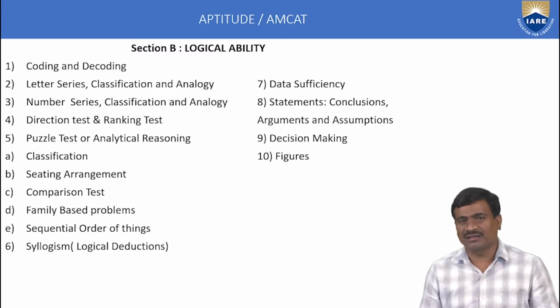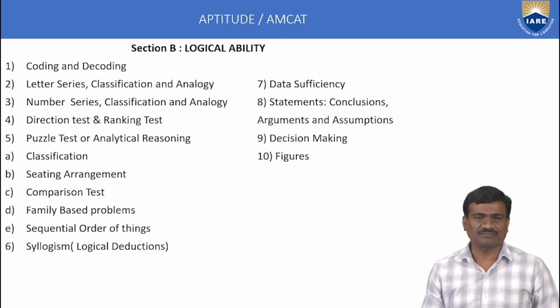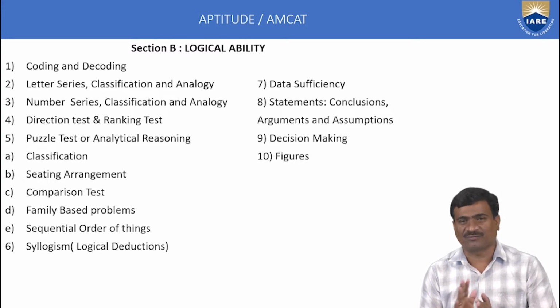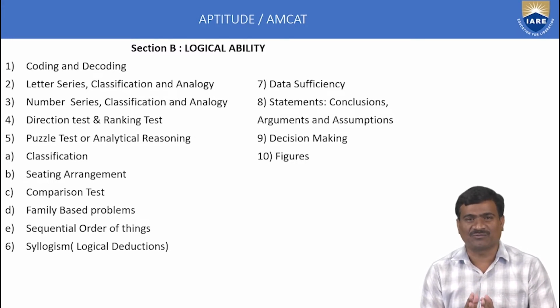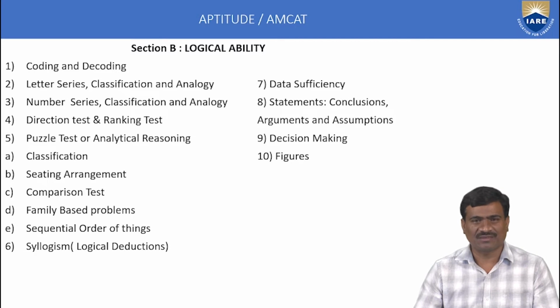Test pattern and subtopics in logical ability: the total number of questions is either 16 or 25, maximum 25. Time duration is one minute per question, so either 16 minutes or 25 minutes.